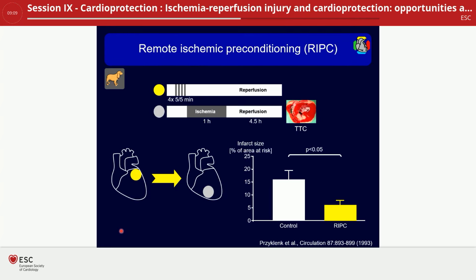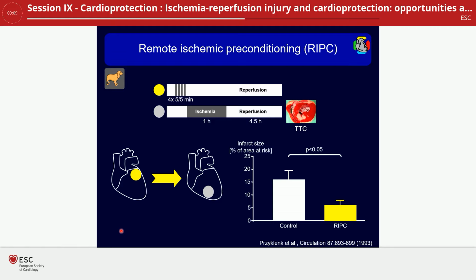Now the most funny and probably most important phenomenon in the preconditioning scenario is the remote preconditioning. In the initial study by Karin Przyklenk, she did a very funny experiment. She occluded briefly, 4 times 5 minutes, the left circumflex coronary artery in dogs, but then subjected the left anterior coronary artery to a sustained longer occlusion.